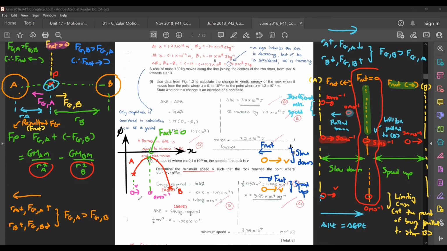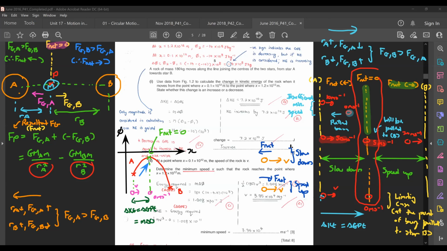So I can actually work out between these 2 points, the change in KE is equals to the change in GPE. What you really want to do is that you want to find out the change in GPE so that you can then equate the change in KE, which in my case, the change in GPE is m delta phi from here to here. Okay, that's what you're trying to do.